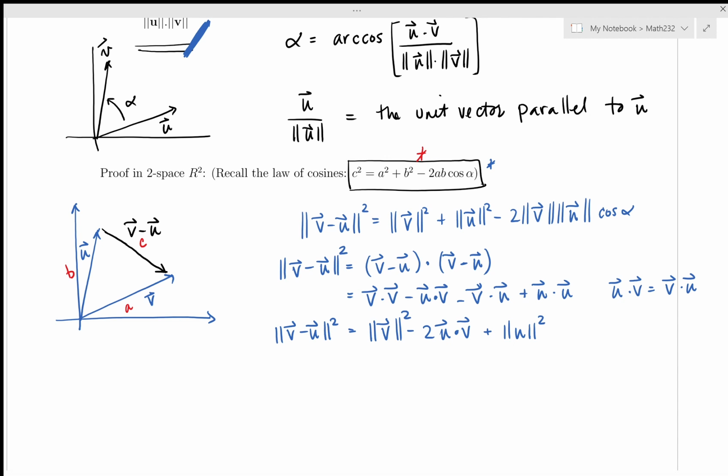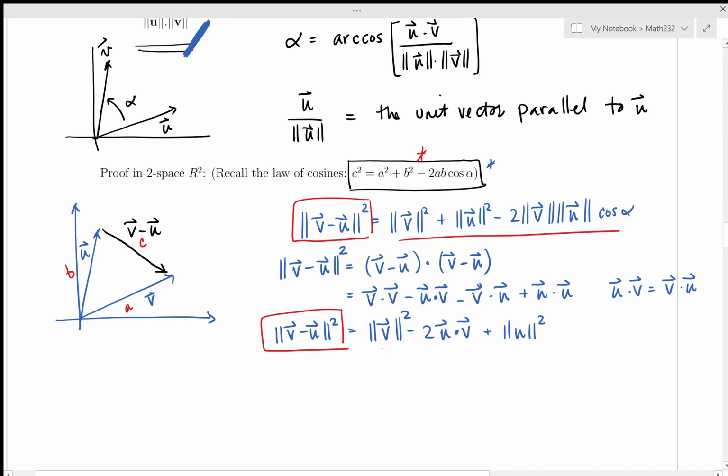Okay, I am now going to take the two expressions I have here. I have this expression for that, and I have this expression. So I am going to equate this side with this side.